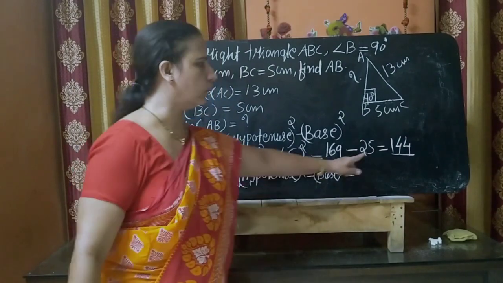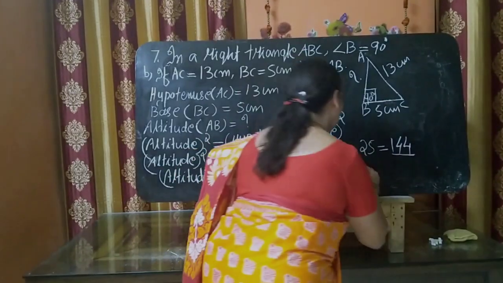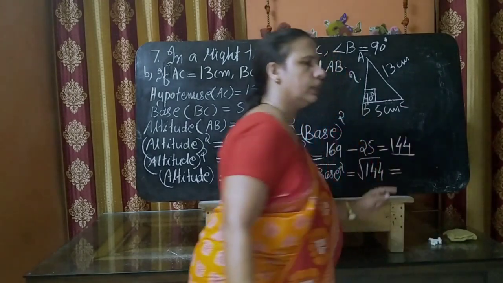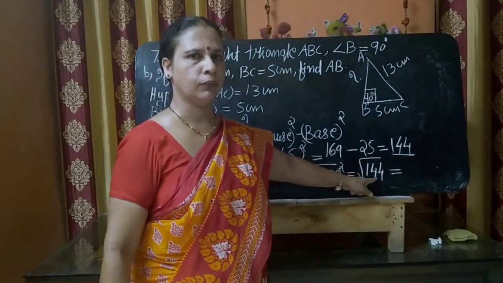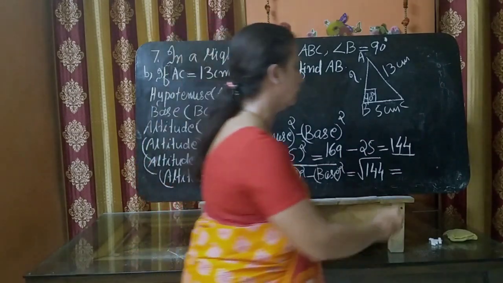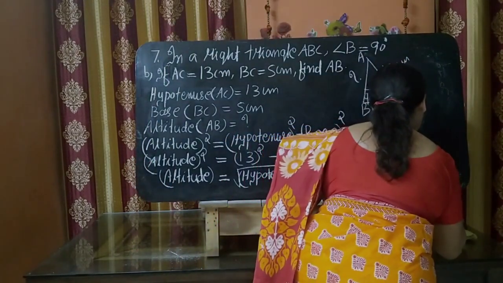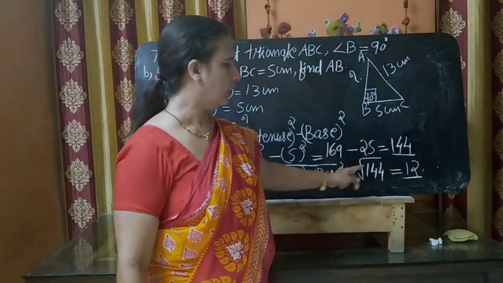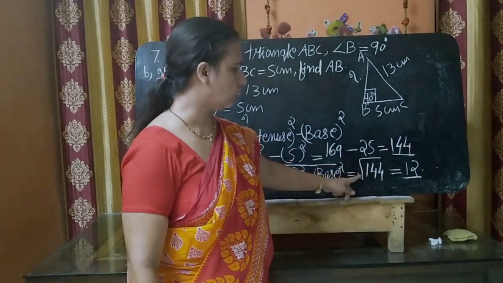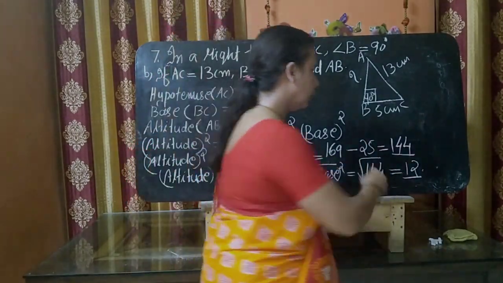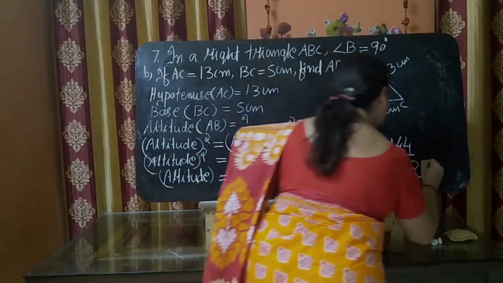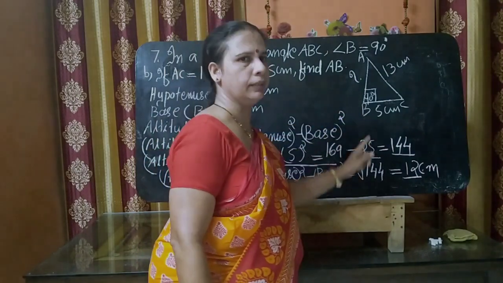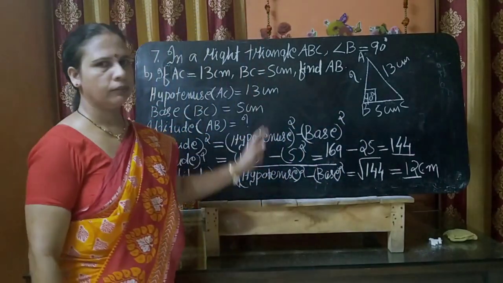Then take the square root of 144. We know that square root of 144 is 12. You can also find it by prime factorization method, you already learned. Then altitude is 12 centimeters. Copy down this.